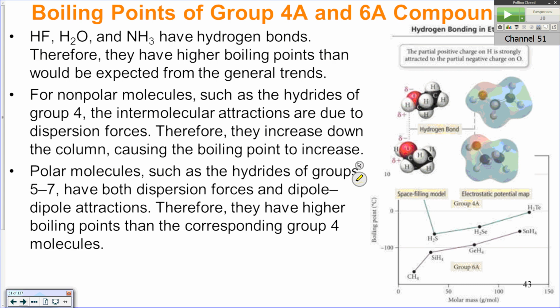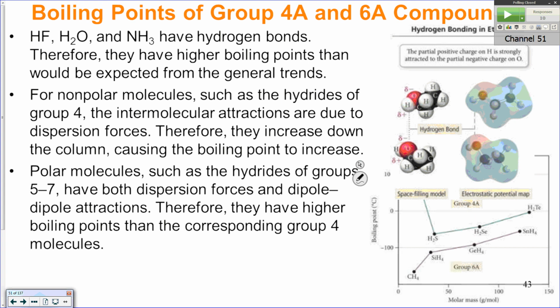Okay, so if we do a comparison to trends in the periodic table, we're going to look at 2 columns, the 4A family and the 6A family. And these are hydrides, meaning that the element is surrounded with hydrogens. Now, the graph that's in the textbook is wrong, simply in the naming.